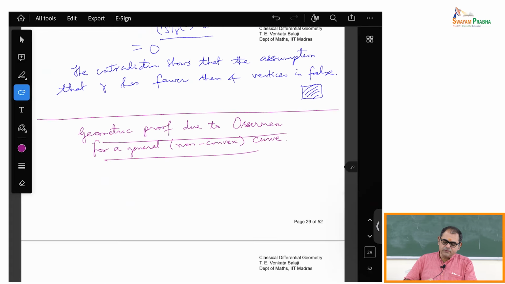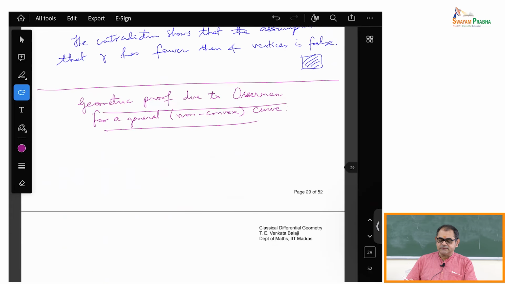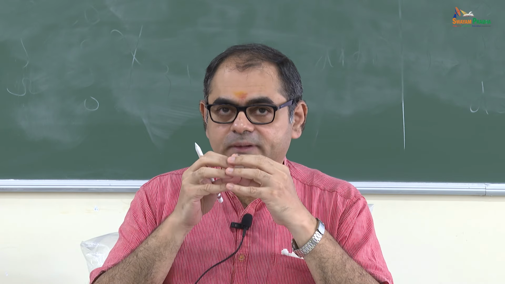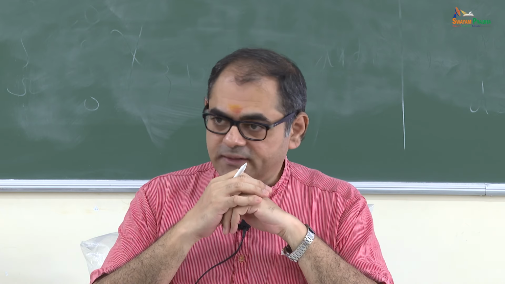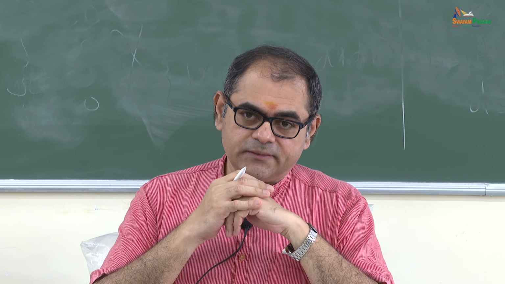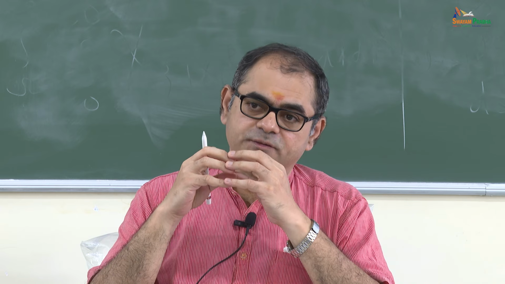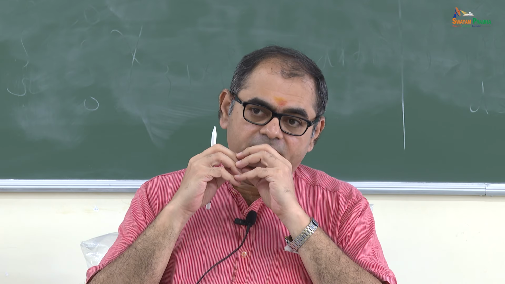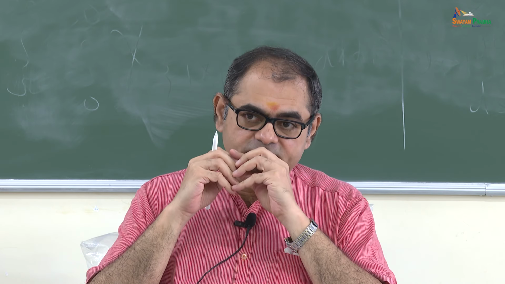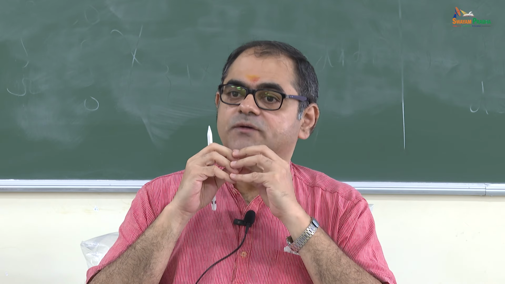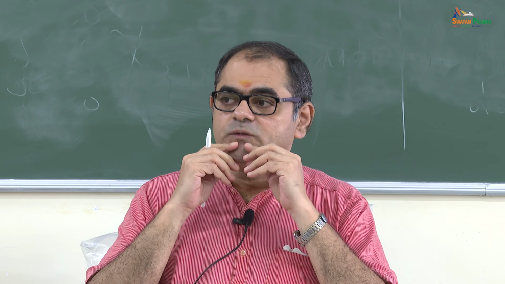So now you have a simple closed curve again, and assume that the curvature function is continuous, and now the curve is not necessarily convex, and you would like to again show that it has at least 4 vertices.